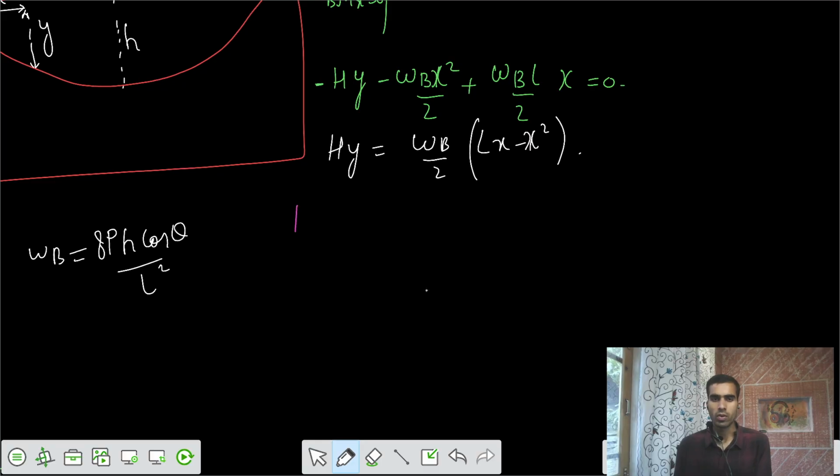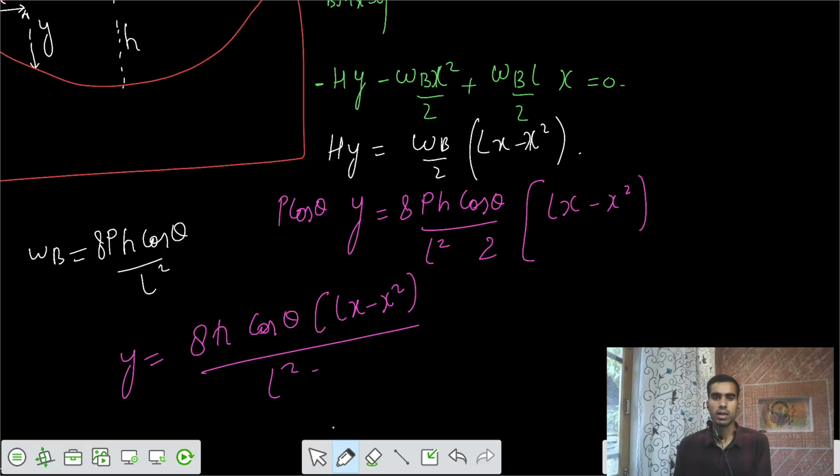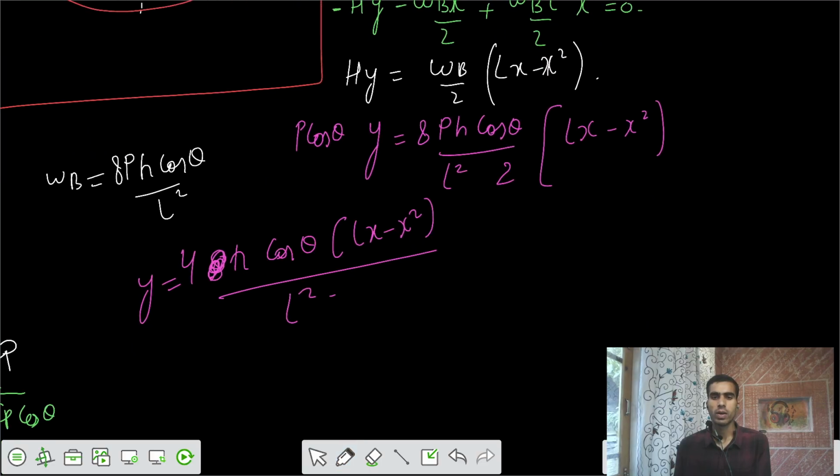I know that the horizontal value is equal to P cos theta, and this is your Y, and your WB can be converted to 8PH cos theta by L square, and we have that 2 also in the denominator. So I can write Y equals 8 times H cos theta (LX minus X square) divided by L square, and divided by 2. So we get 4H cos theta (LX minus X square) divided by L square.